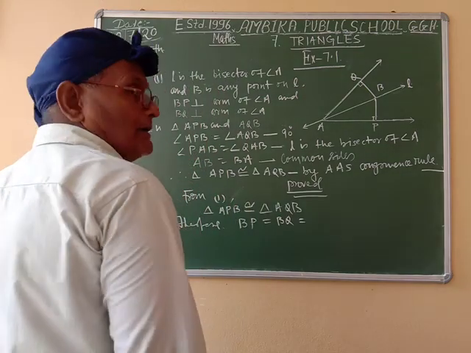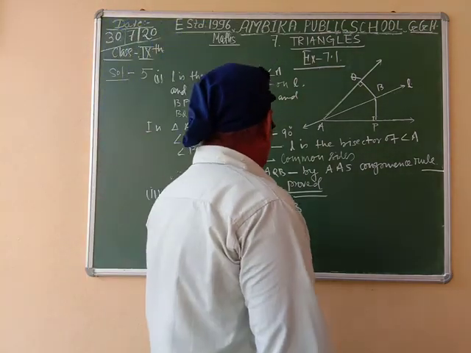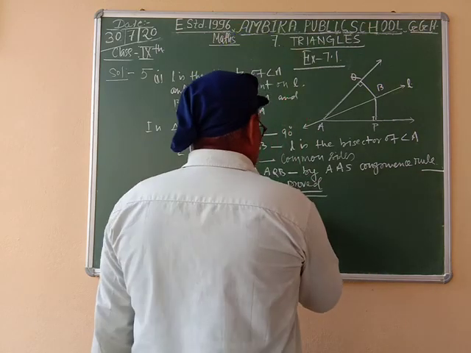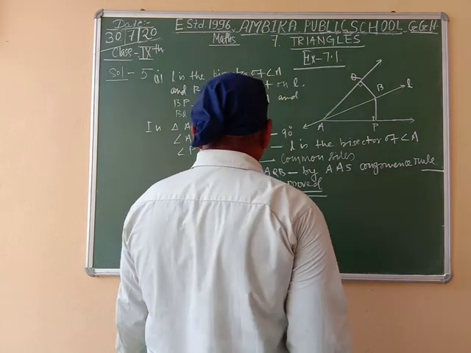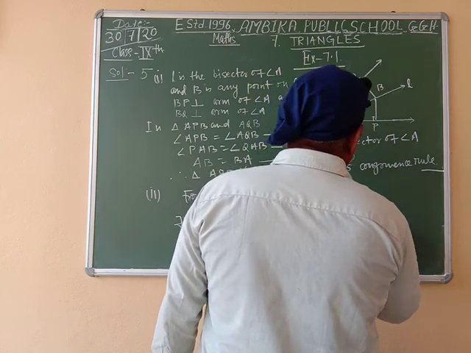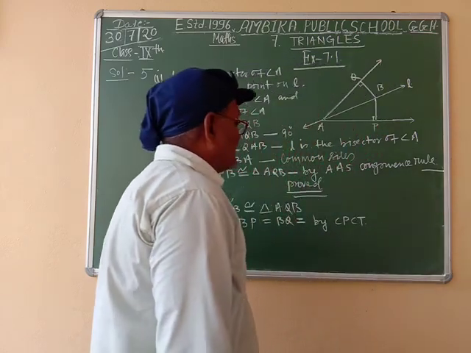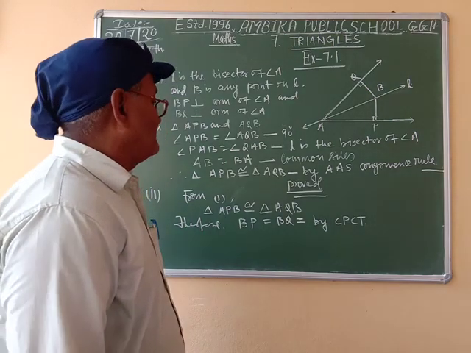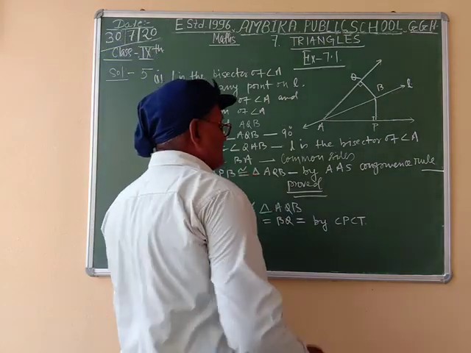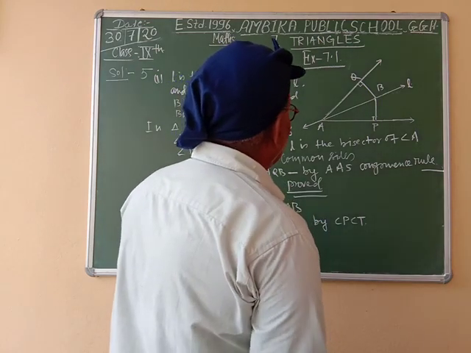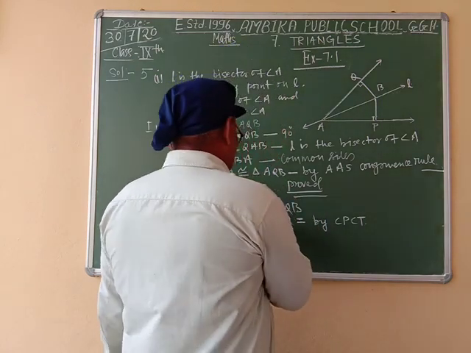The reason is that corresponding parts of congruent triangles are equal, which is called CPCT. Here we have seen that triangles APB and AQB are congruent. Therefore, corresponding parts of triangles APB and AQB will be equal.